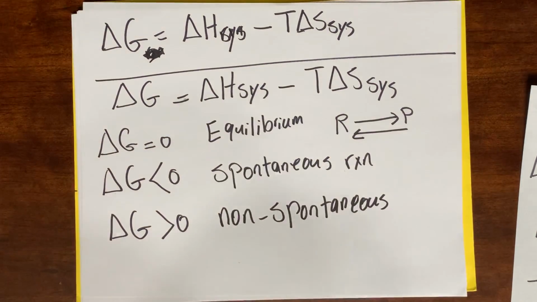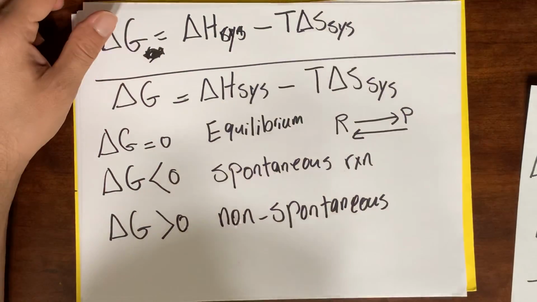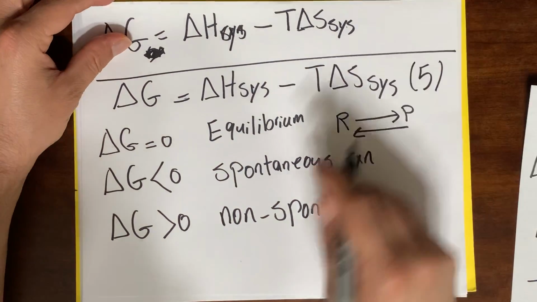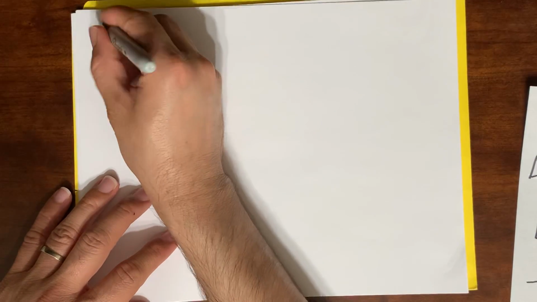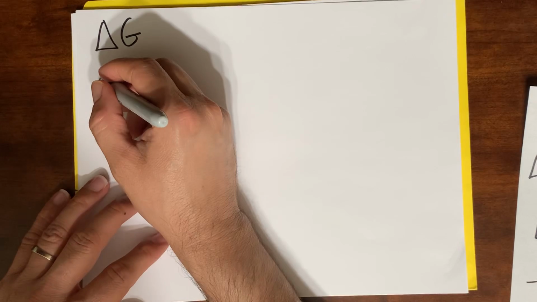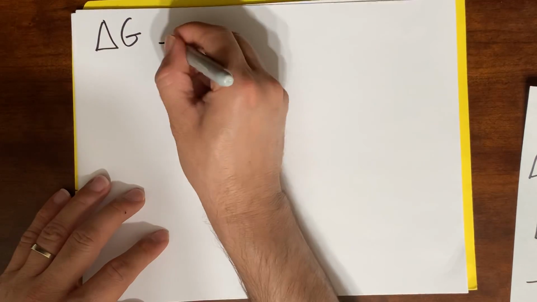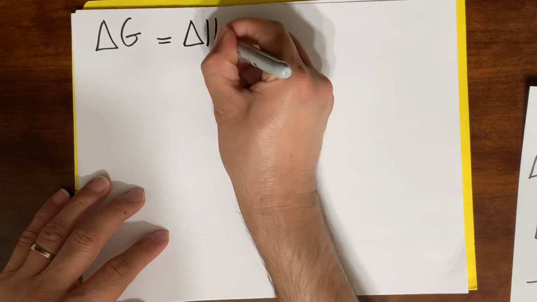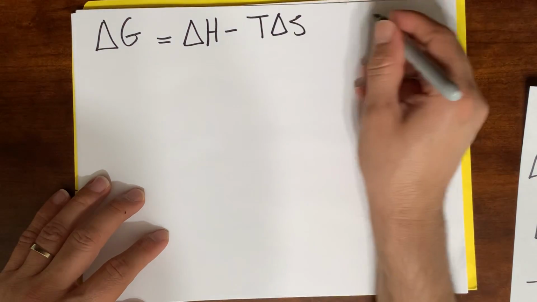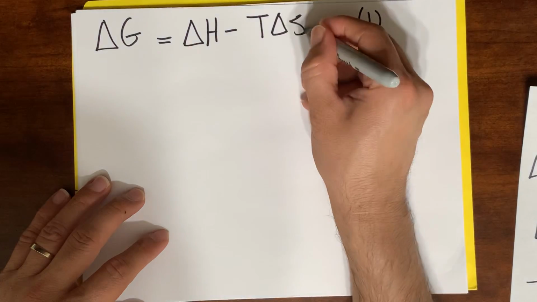So delta G equal to delta H minus T delta S. This is number 5. So I'm going to write it here. Delta G, which is change in Gibbs free energy, is equal to delta H minus T delta S. Let's call it 1. And this is the system.